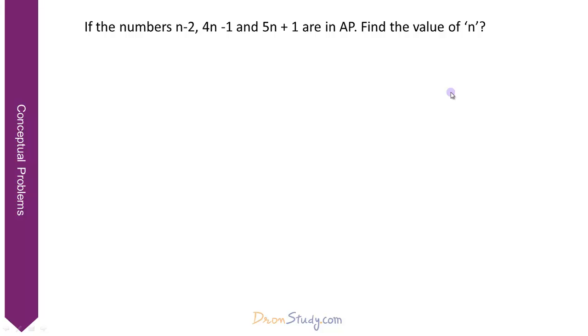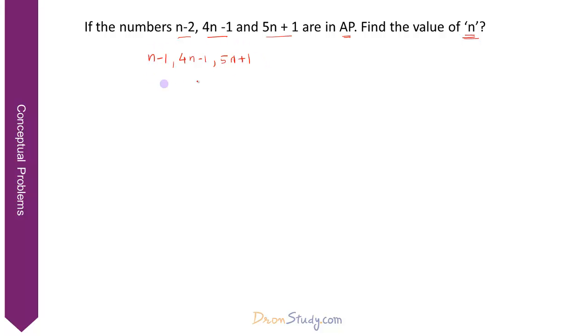Here is the first question on the screen from conceptual problems: if the numbers n minus 1, 4n minus 1 and 5n plus 1 are in AP, find the value of n.